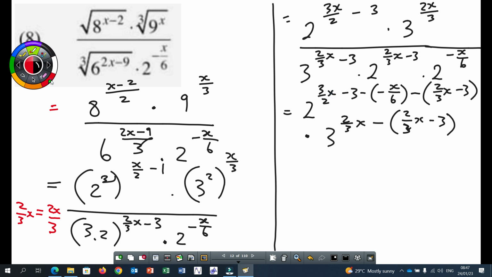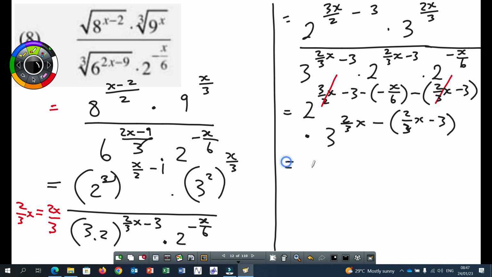Do you agree with me that this 3 over 2 times x and that one will cancel out? Do you see that? They are going to cancel out. Then if there's a minus here, times this minus, you get a positive.